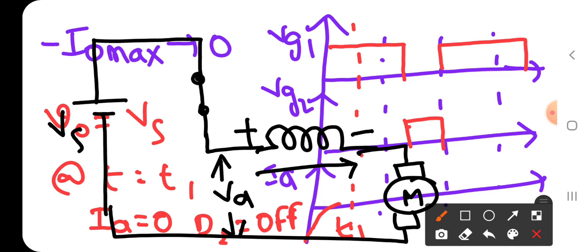And what happened to the output voltage? Output voltage remains VS only, because VA is equal to VS here.